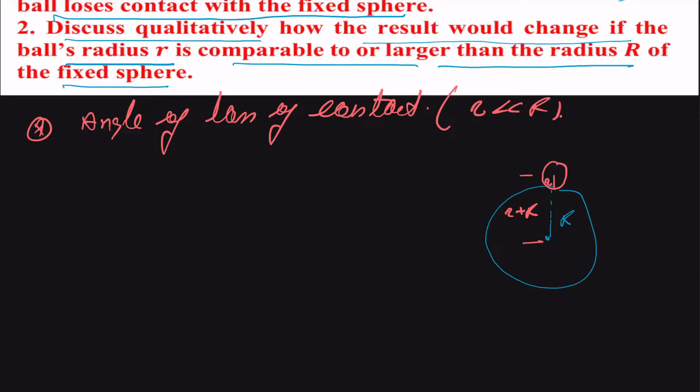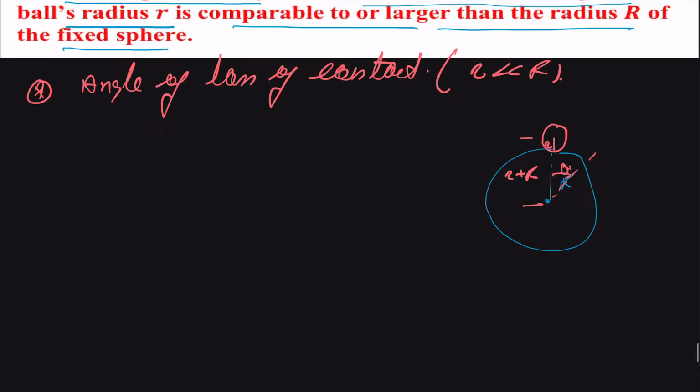And if we rotate it by angle of theta, therefore we can say that the velocity v will be equal to (R plus small r) and theta first derivative.